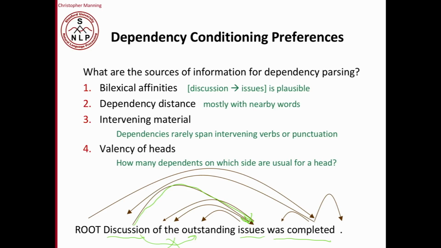So you're expecting an argument on that side. But on the other hand, it won't have an object after it. You won't say the discussion was completed the goat. That's not a good sentence, right? So there's information of that sort, and we want our dependency parsers to be able to make use of that structure.